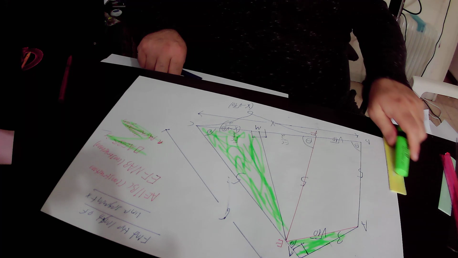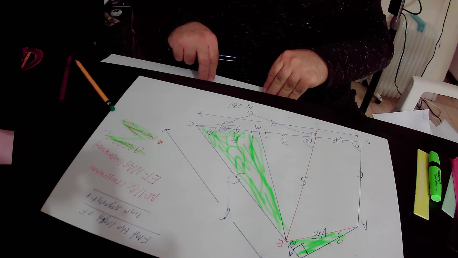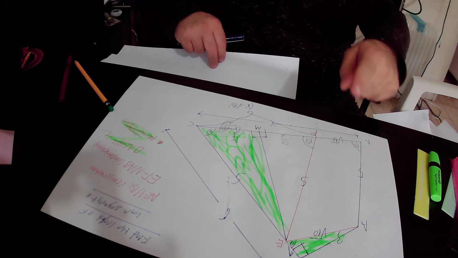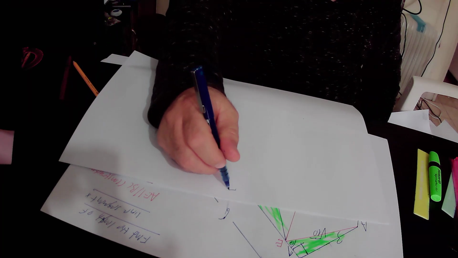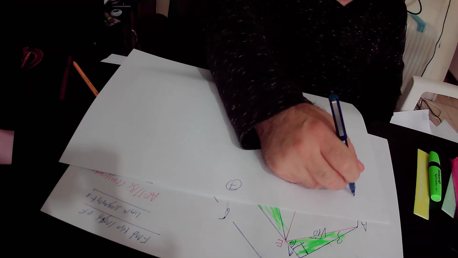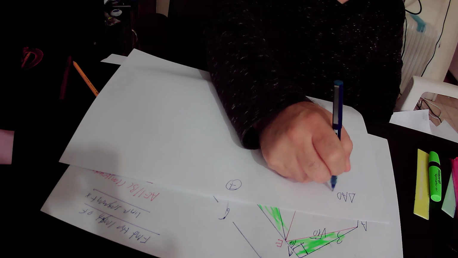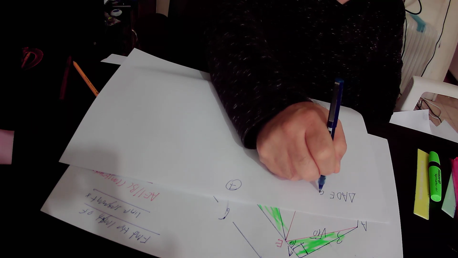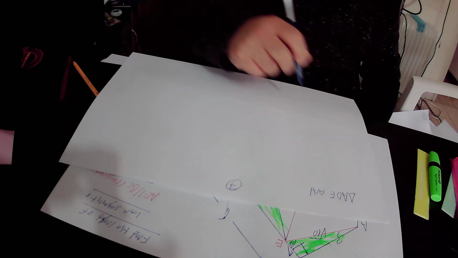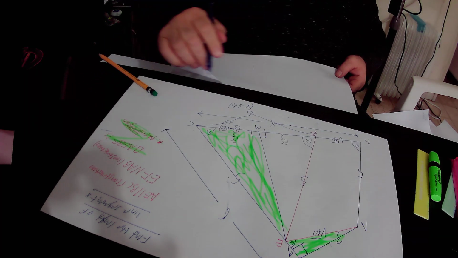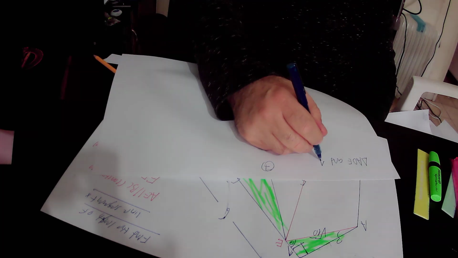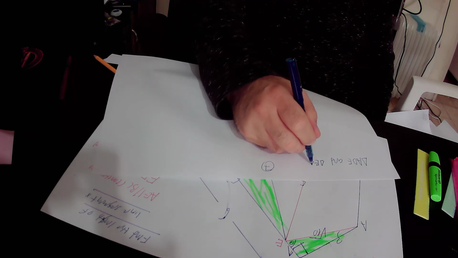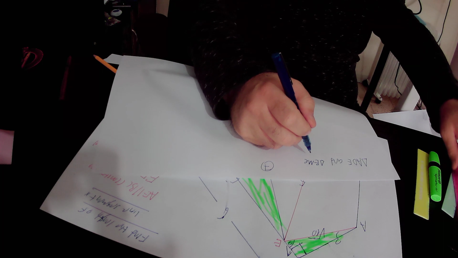Okay, so we'll focus on triangle ADE, the small right triangle, and the big right green triangle EMC. And we'll prove that those two green right triangles are similar to each other.